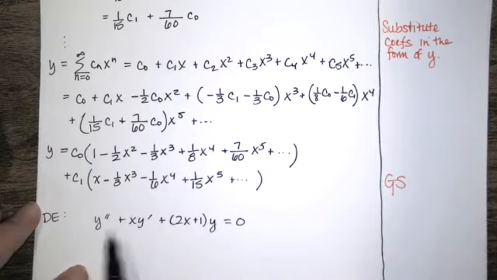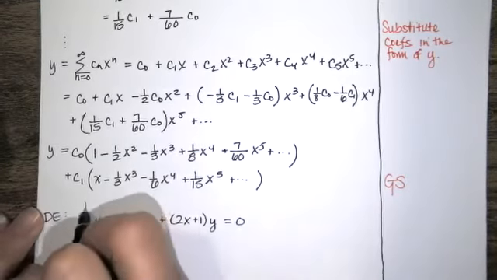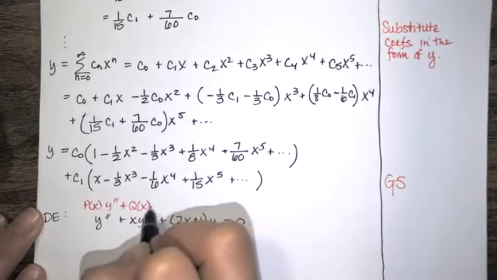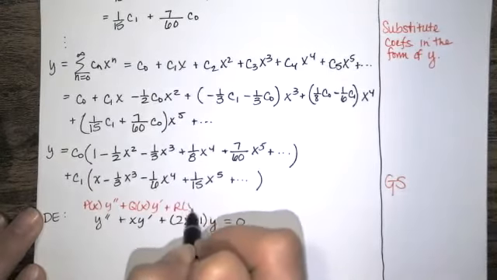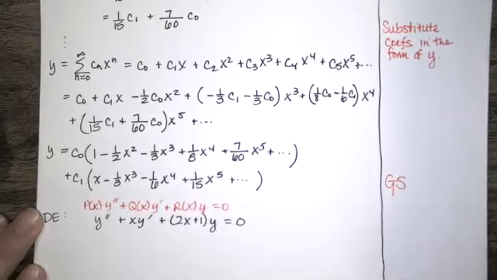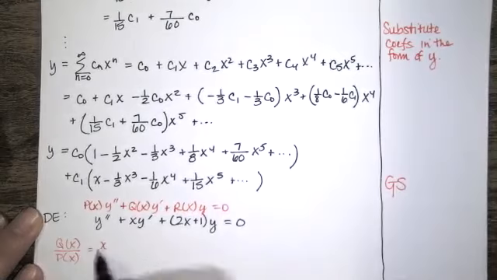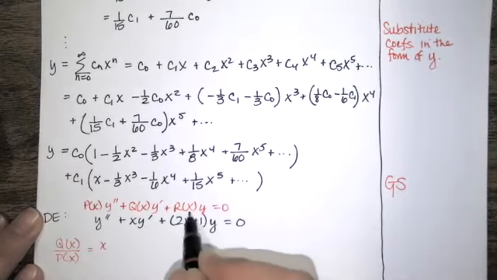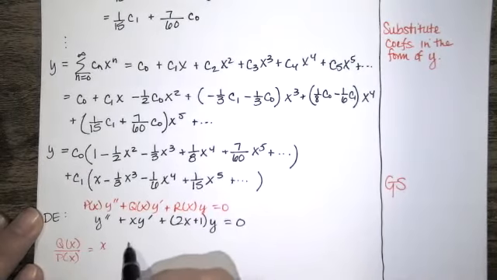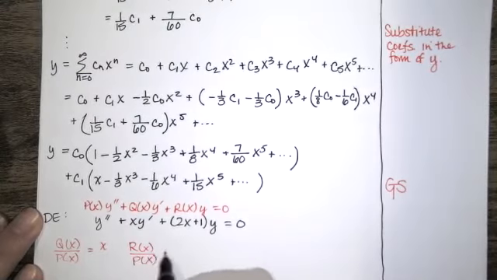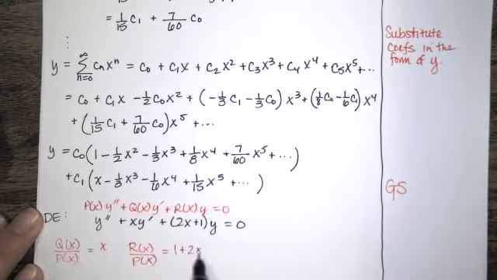But since there's just a 1 here, if we're calling this p of x times y double prime plus q of x times y prime plus r of x times y equals 0, the quotient q over p in this case is just x, and the quotient r over p is just 1 plus 2x.